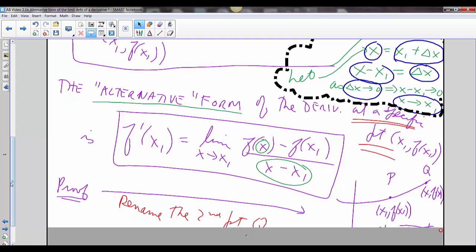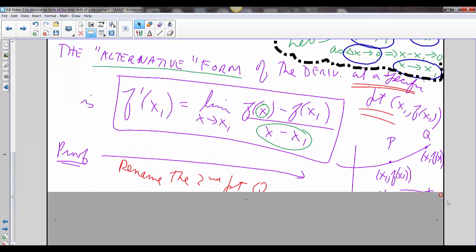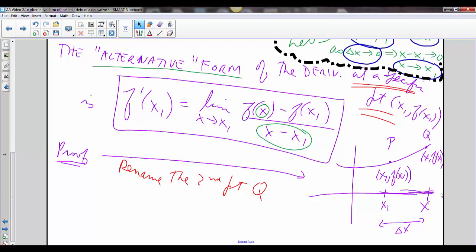And then, of course, if you want to look at that graphically, instead of calling the points x, f of x, and x plus delta x, comma, f of x plus delta x, we purposely call point P x1, f of x1, and we call point Q x, f of x. You can see that this is your x1, this is your x.